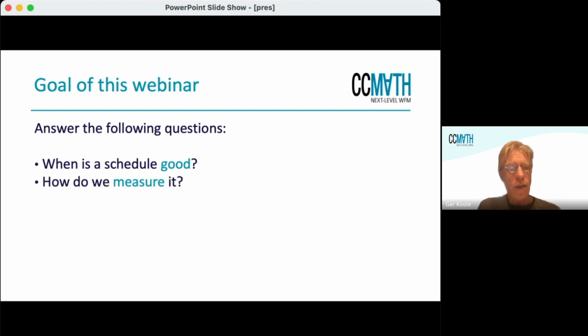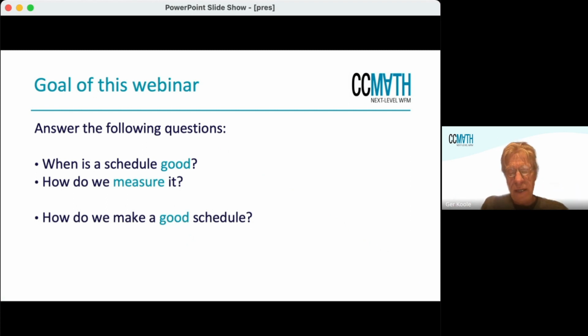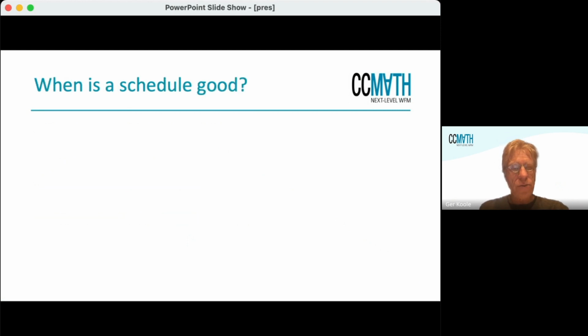We want to quantify it. We want to measure it. And as soon as we get that, we can come up with a method and then try to find the best possible schedule given the KPI that we define. So first I'm going to focus a little bit on when a schedule is good or not, and then we're really diving into the more technical stuff about how to make schedules.